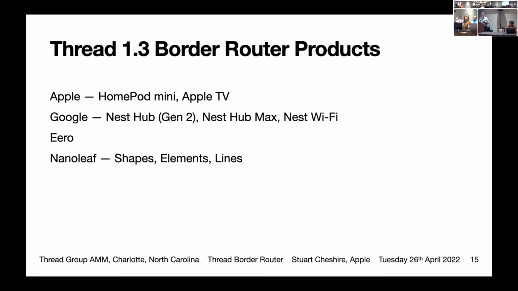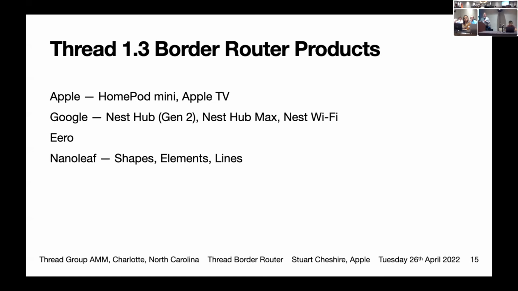I know Eero is working on building it into the Eero access points, and Nanoleaf, which you wouldn't think of as being like Eero or like Nest Wi-Fi as being a home gateway access point kind of product. But because their products have a Thread radio and a Wi-Fi radio, they're ideal candidates to be a border router.